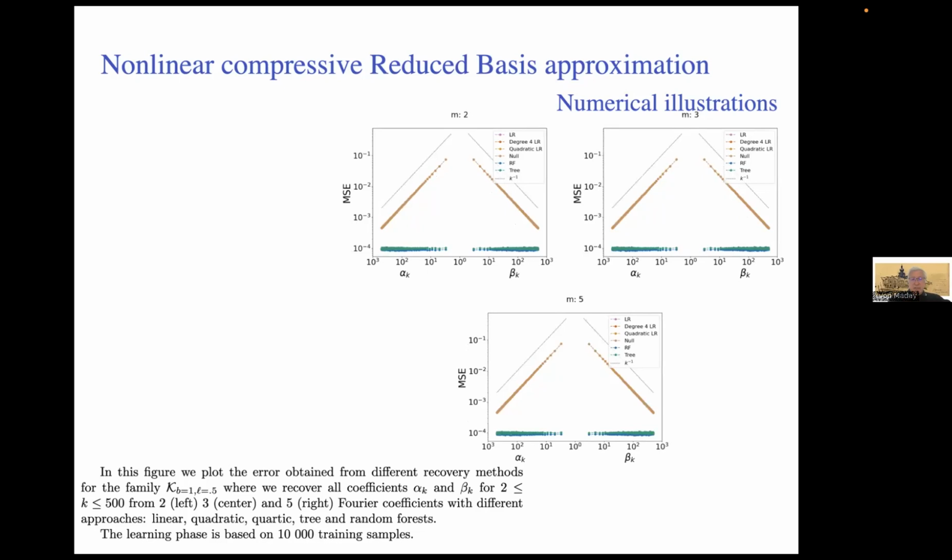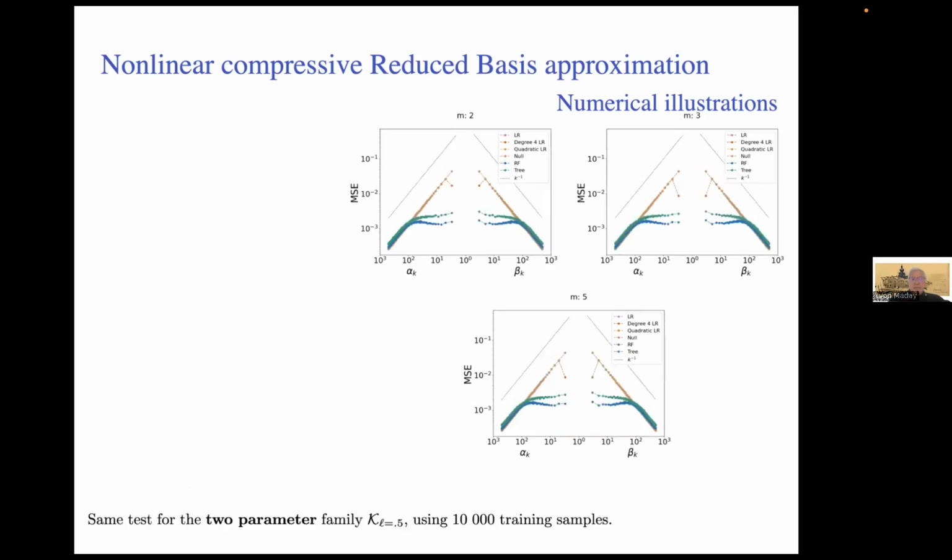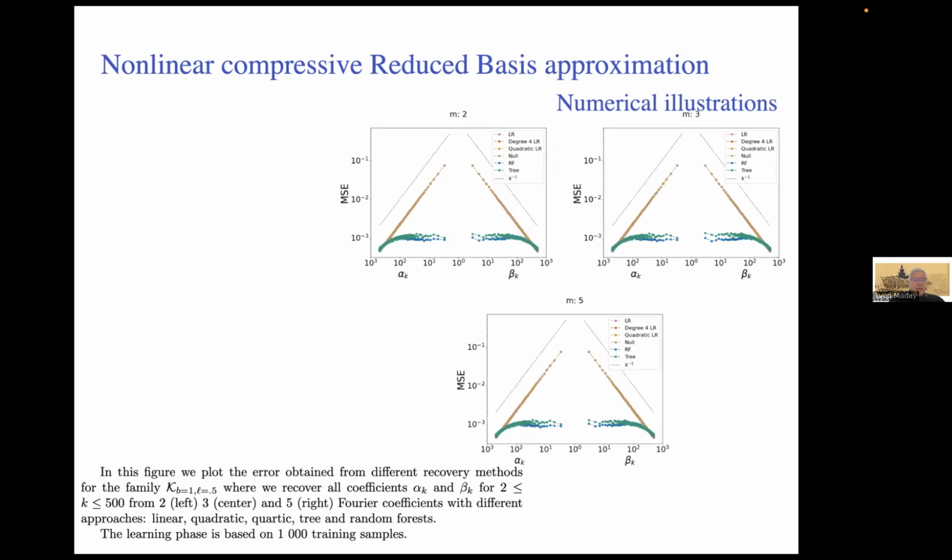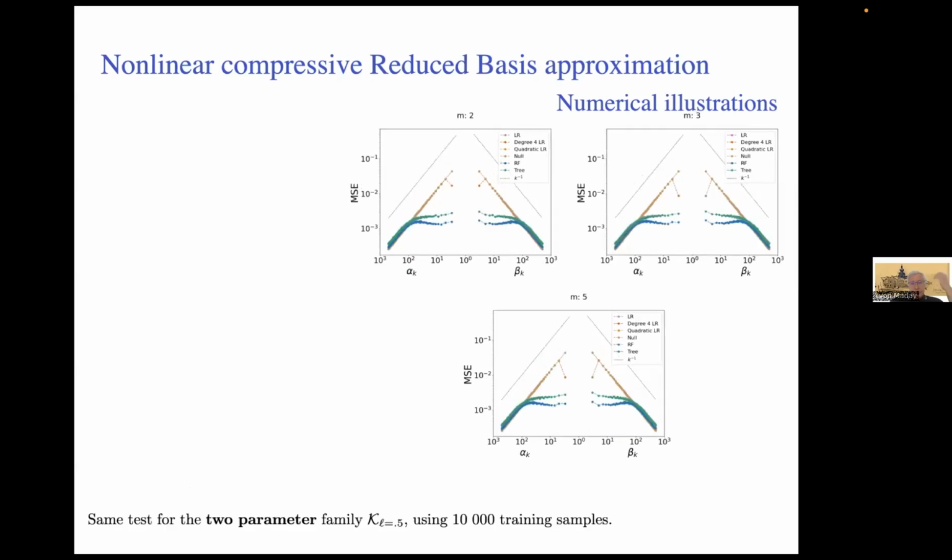Now, this was for the set where b is fixed equal to 1 and I set the length equal to 0.5, meaning that A is the only parameter. Now, if I go to only fixing L equal to 0.5 with 10,000 training samples, where I have to recover A and B, you see here that I get an accuracy of 10 to the minus 3 with the tree or the random forest.